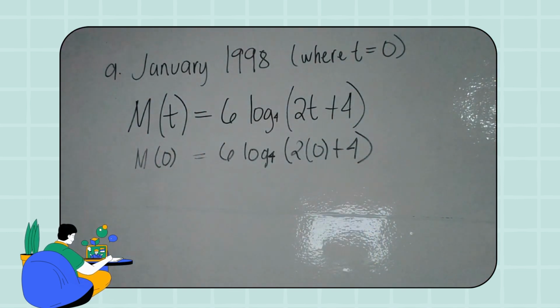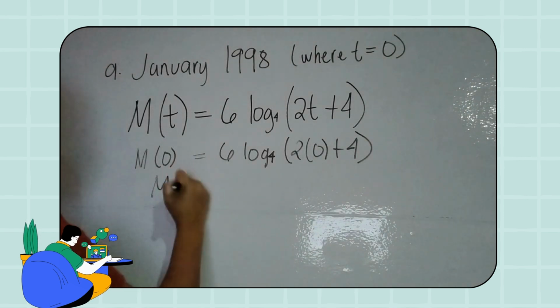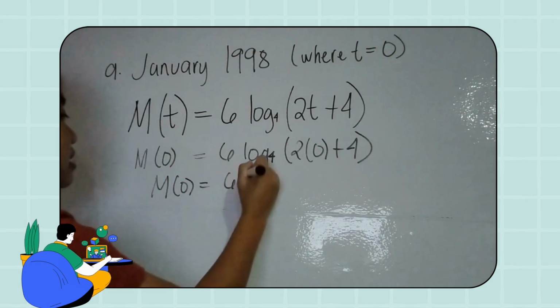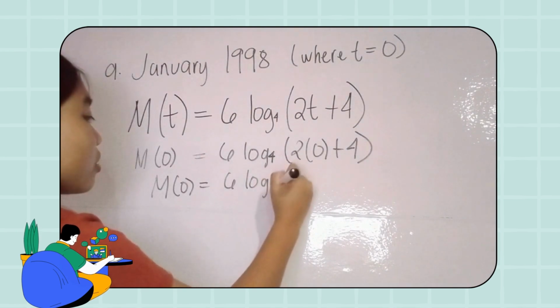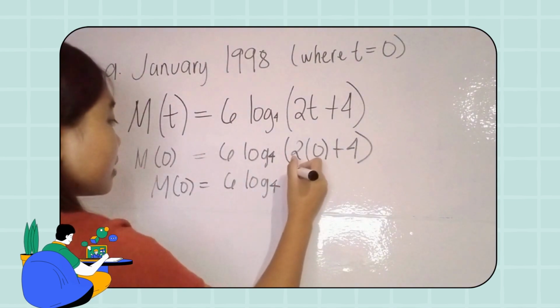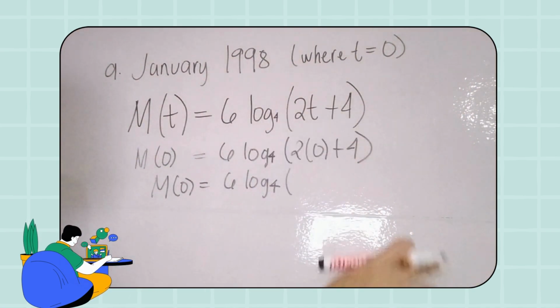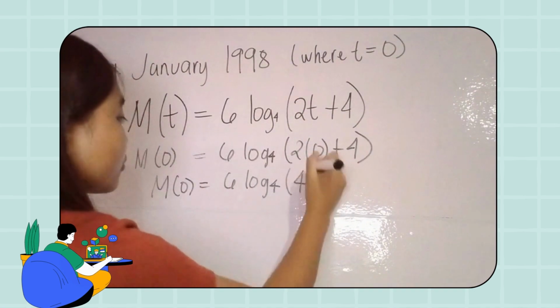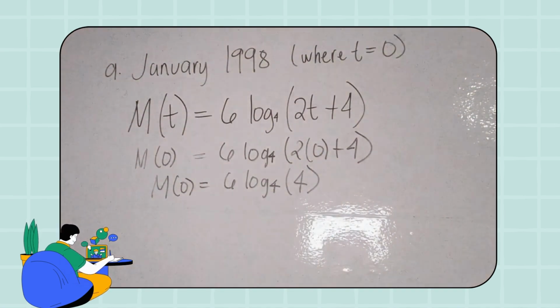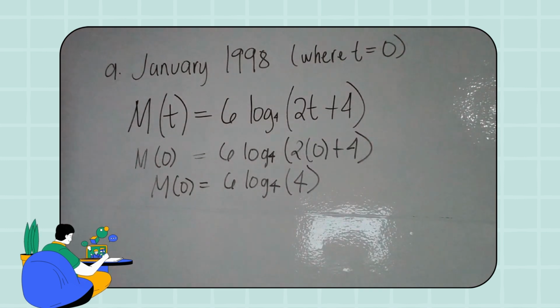So we're going to simplify it. We have m of 0 equals 6 times the logarithm base 4 of 2 times 0, which is 0, plus 4, which is equal to 4. Now, we know that the logarithm base 4 of 4 is equal to 1, because 4 to the power of 1 is equal to 4.